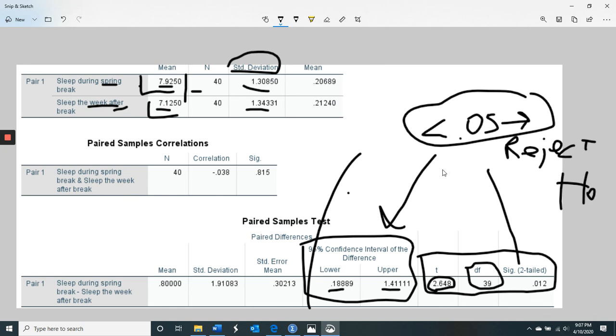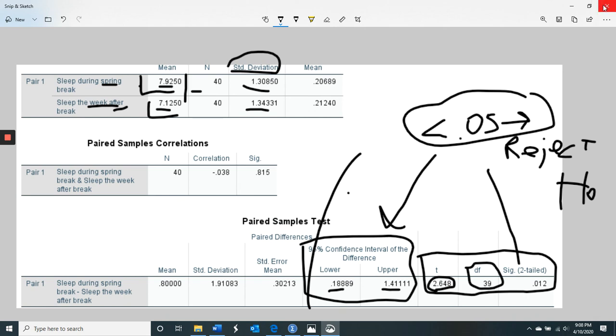So 0 is not a likely possibility in terms of the difference between these two conditions. So there is some difference. 0 is not a possible thing where they're equal from a 95% perspective, and so we reject the H0.